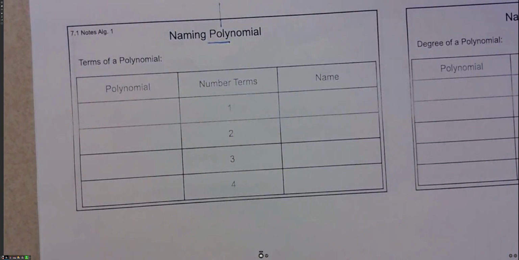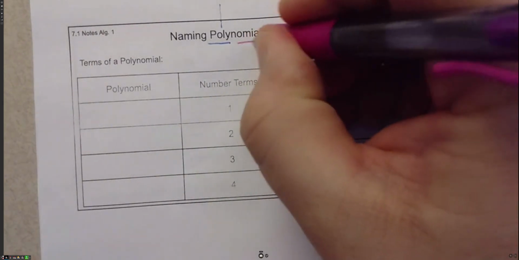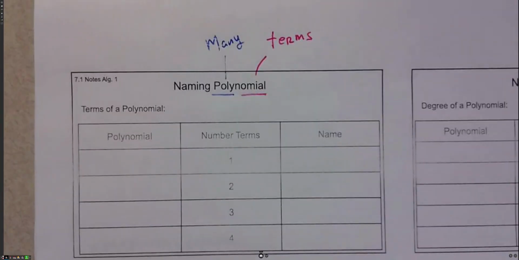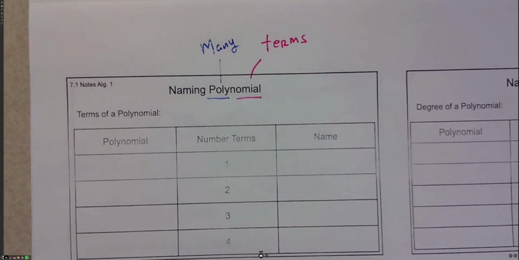And then nomial can mean terms. We'll talk about that in a second. So polynomial means many.